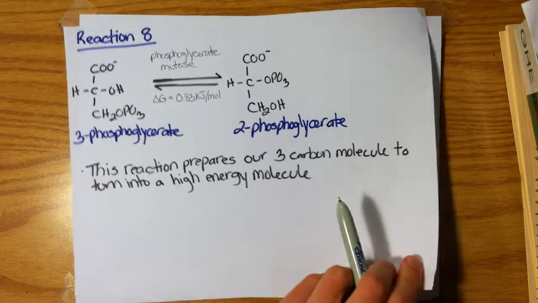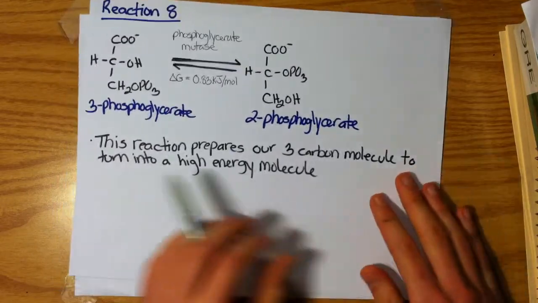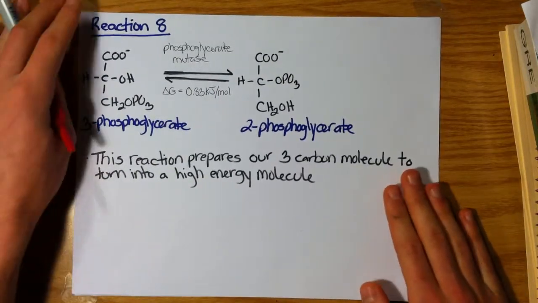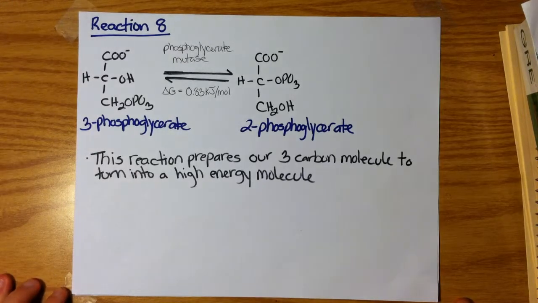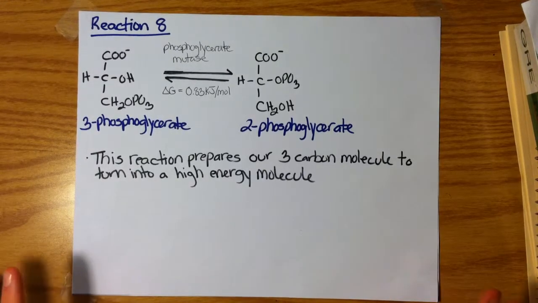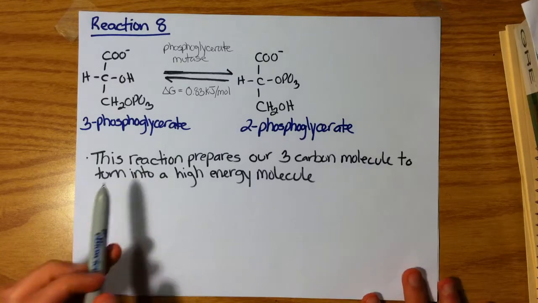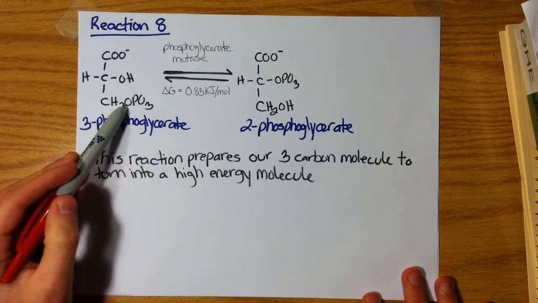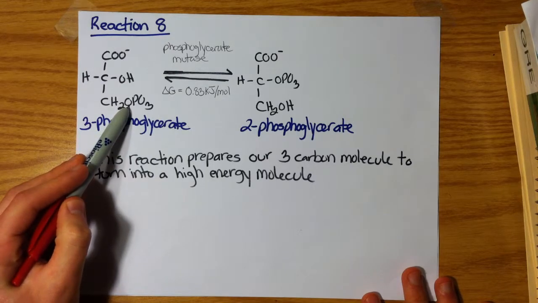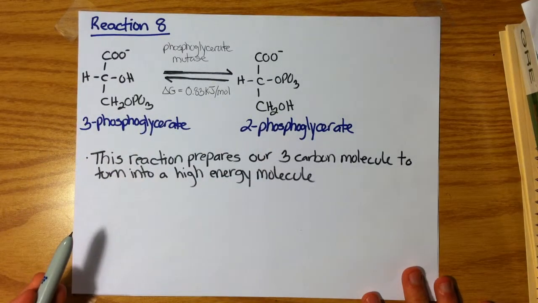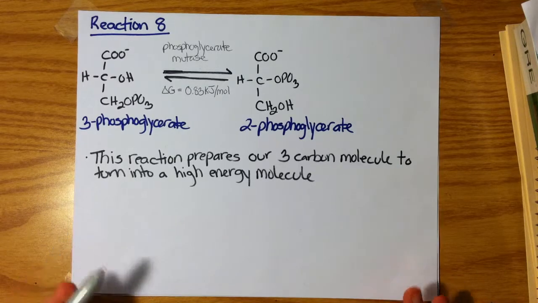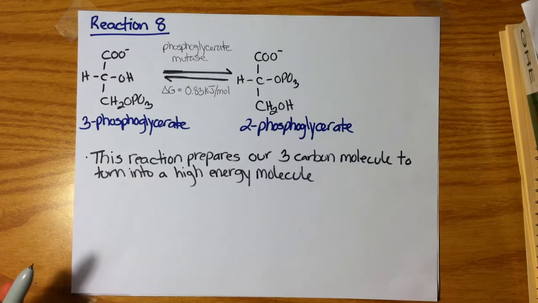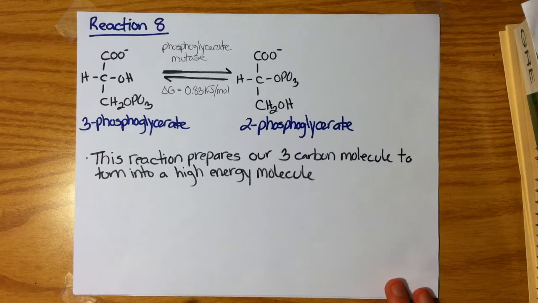Okay, the next reaction, 3-phosphoglycerate to 2-phosphoglycerate, has an important function. It may seem like a pretty simple and kind of useless reaction, but you'll see how moving the phosphate group from carbon 3 to carbon 2 creates a molecule with even higher internal energy than that of 1,3-bisphosphoglycerate.